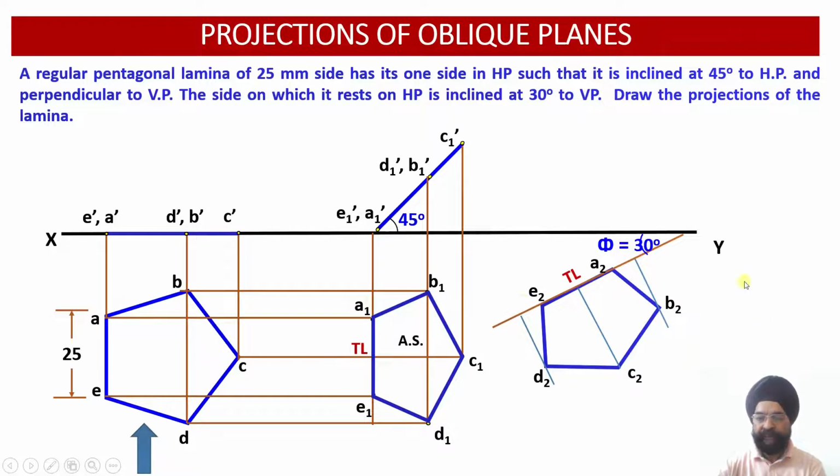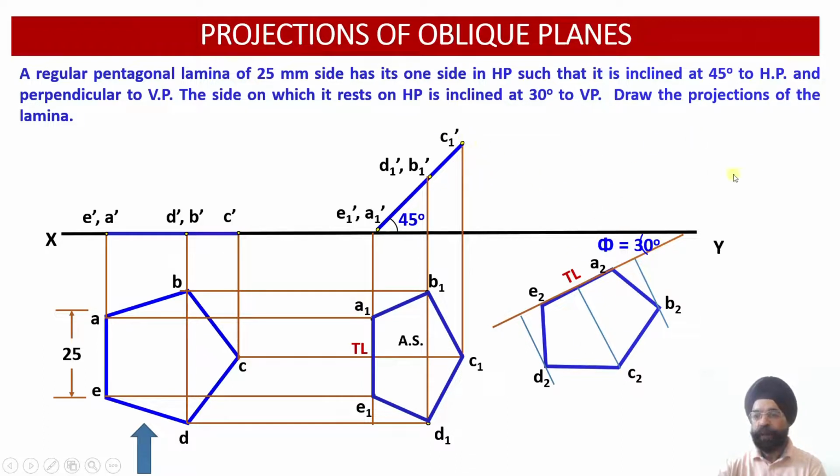So having located these 5 points over here, now the next thing is I will be locating the 5 points in the front view so that we can obtain the front view of this oblique lamina. So step number 6, we will be taking all the 5 projectors upwards.